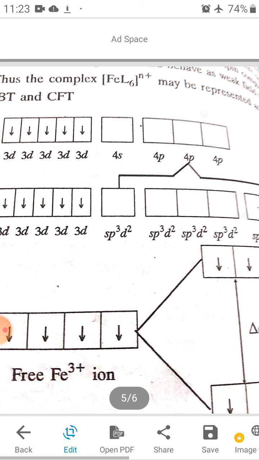We have chromium in the oxidation state of +7, and in this state we have the hybridization of d2sp3. This d2sp3 hybridization is possible when the electrons shift down.